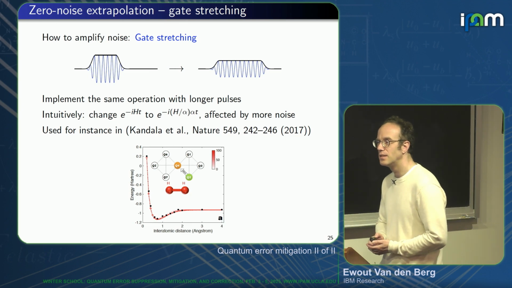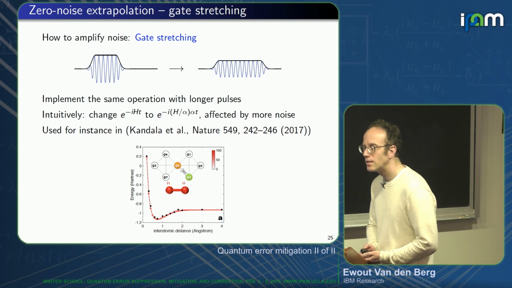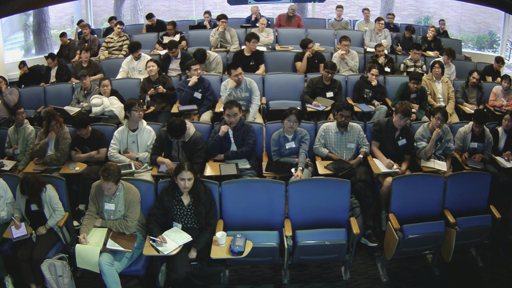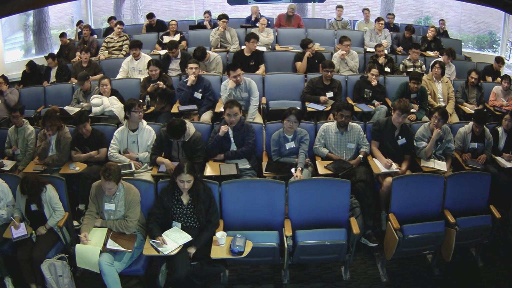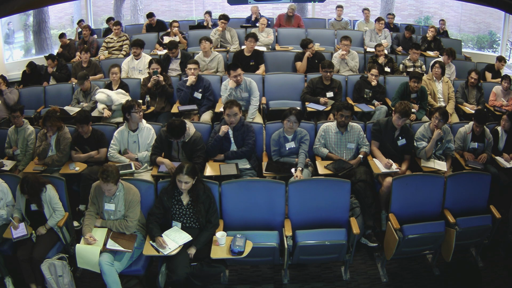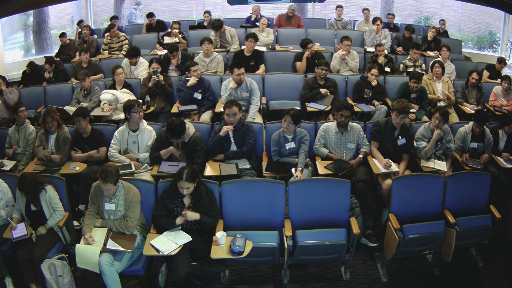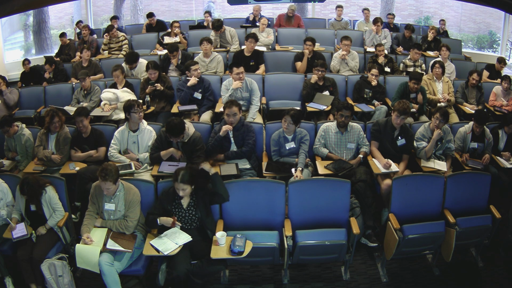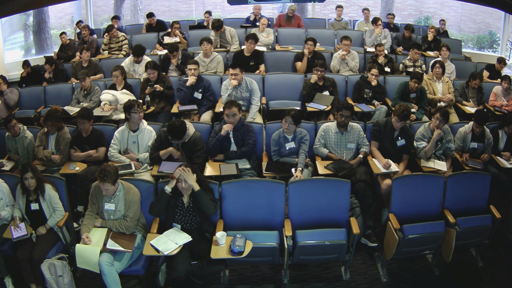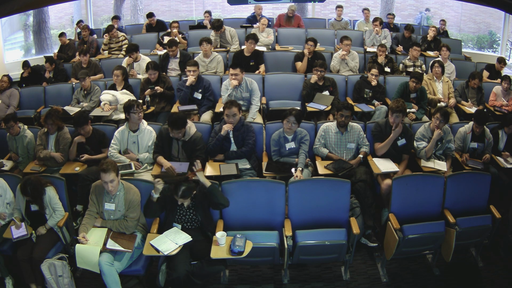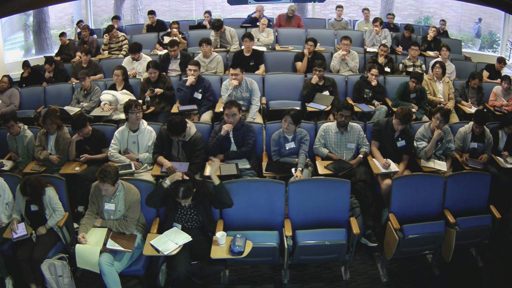Yes, question. If you make the amplitude smaller, wouldn't you also be decreasing the amount of, let's say, AC Stark shift noise you get as well? Or leakage to other energy levels.